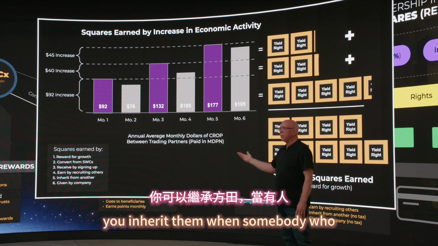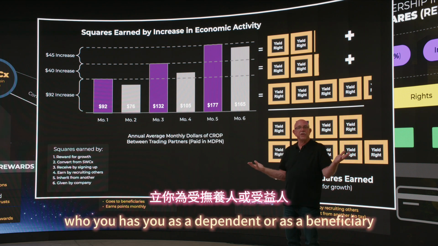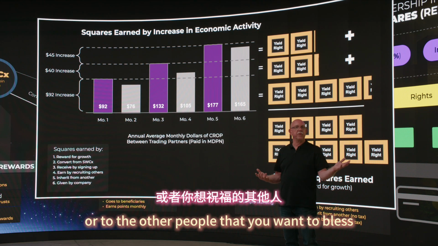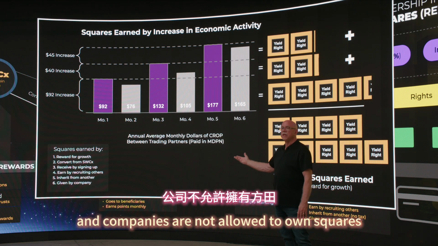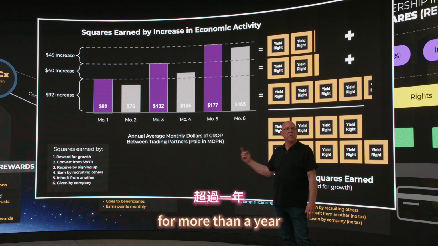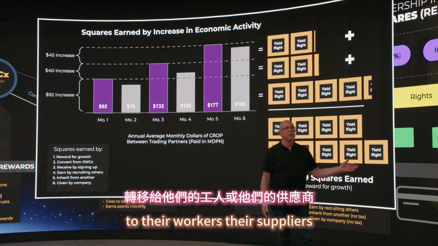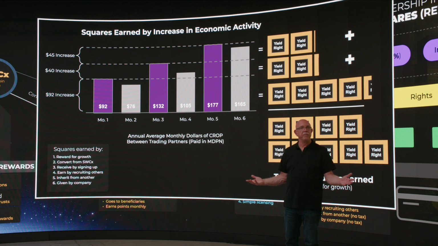You inherit them when somebody who has you as a dependent or as a beneficiary passes away, so that your squares go to your children or to the other people that you want to bless upon your death. And companies are not allowed to own squares for more than a year, and they must then pass those squares to their workers, their suppliers, their customers, or their investors, to people, live, breathing people.